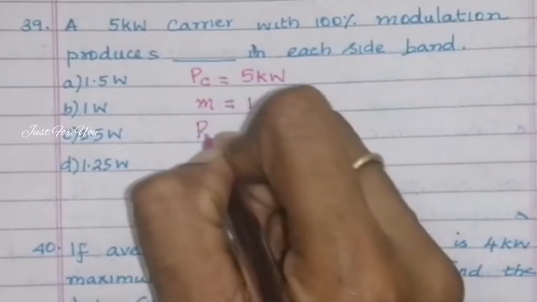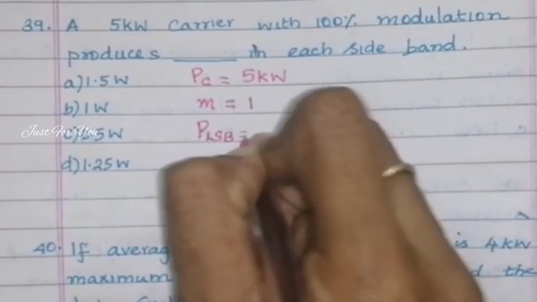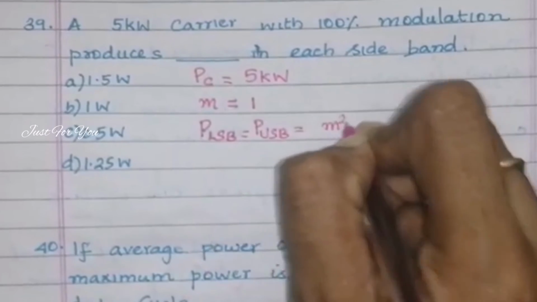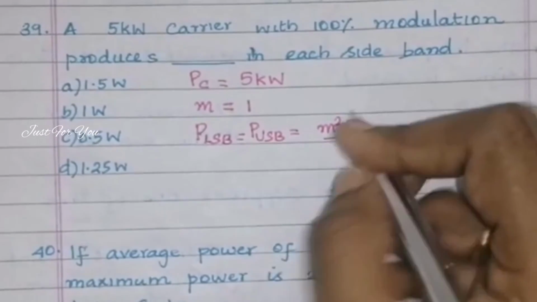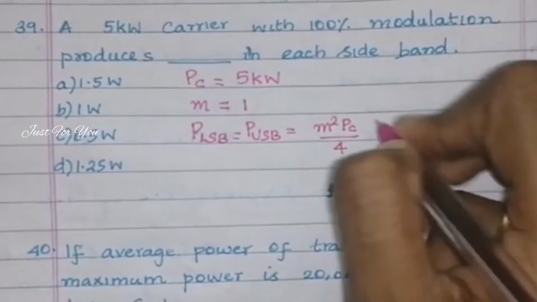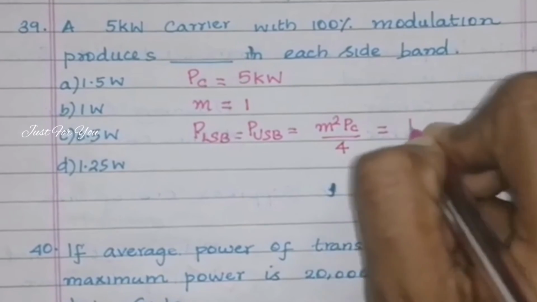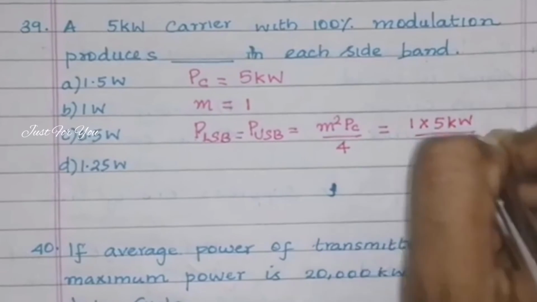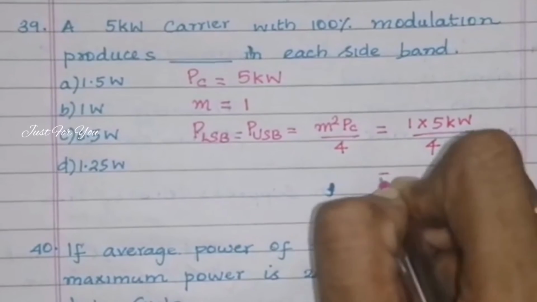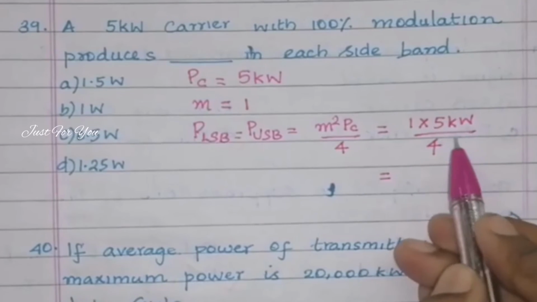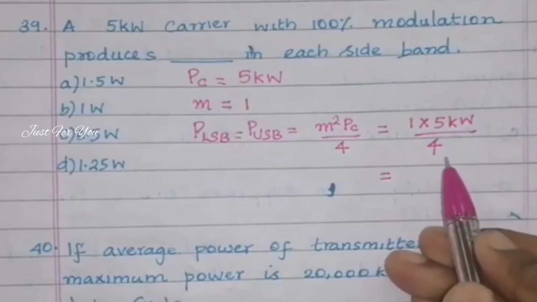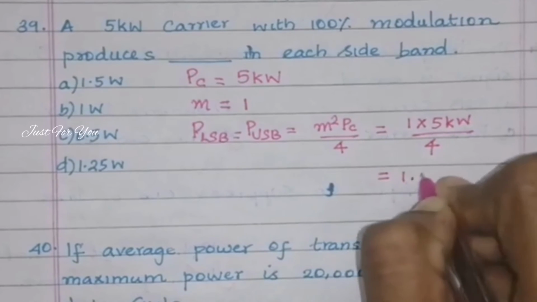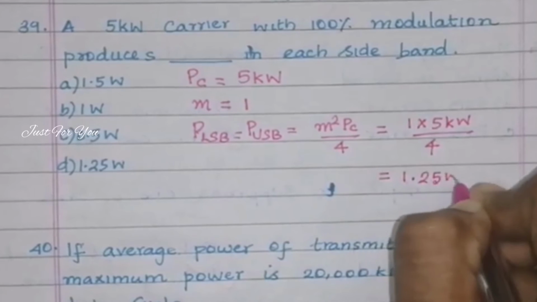To calculate the power in each sideband, we have to use the formula m square PC by 4. So substituting the values, 1 into 5 kilowatts divided by 4, which is equal to 5 kilowatts by 4. 5 kilowatts by 4, we will be getting 1.25 watts.